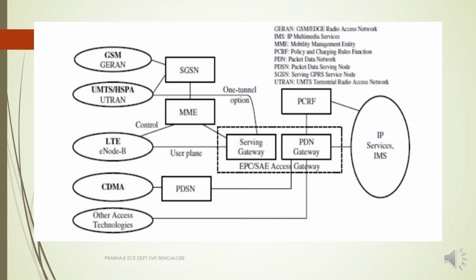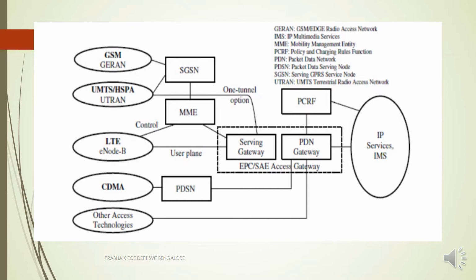GSM, GERAN and UMTS, HSPA, UTRAN are connected to the SGSN. LTE eNode B is connected to the MME as well as EPC with the help of control and user plane respectively. CDMA is connected to the PDSN network.